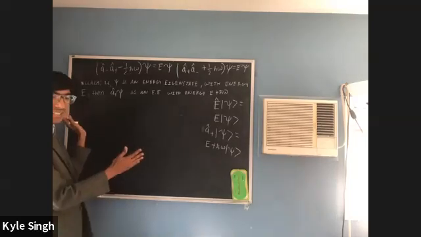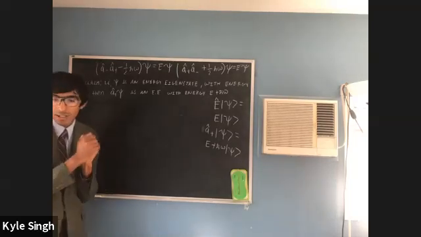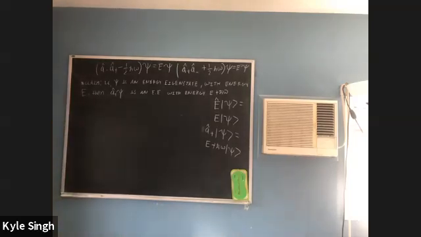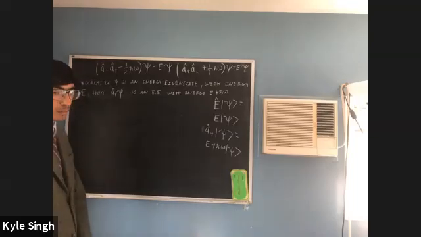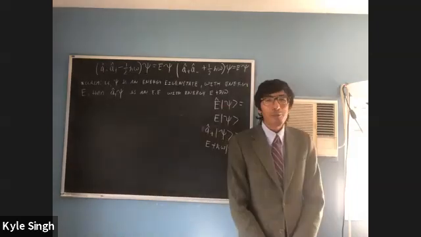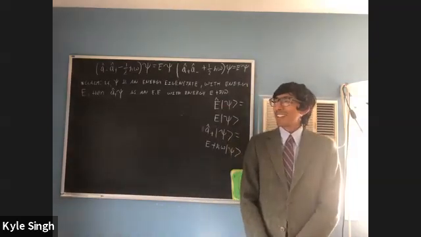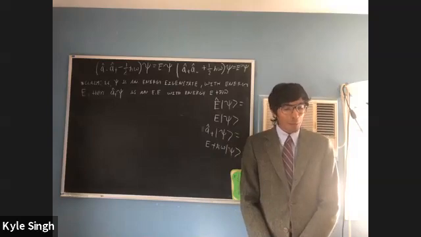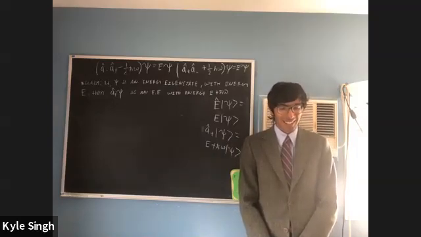Okay, can I erase this statement? I see people writing. I'll give you guys a second. By the way, when I say proof, you guys have done basic proofs in geometry and things, right?